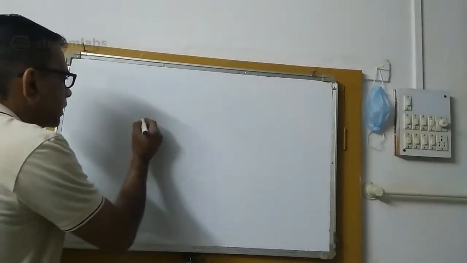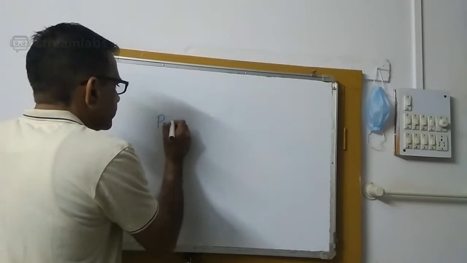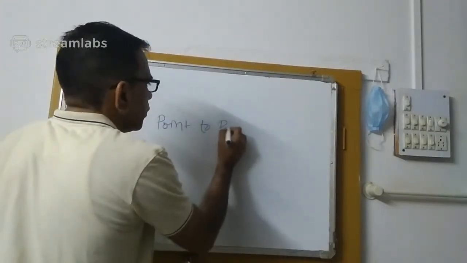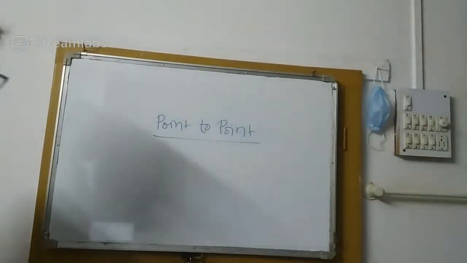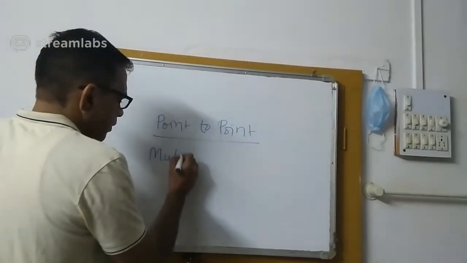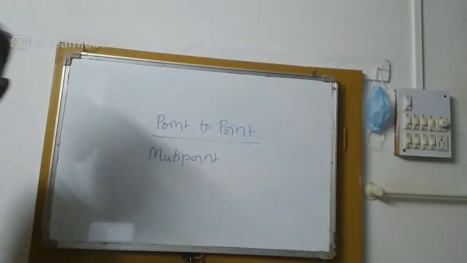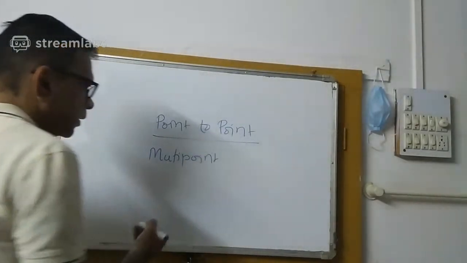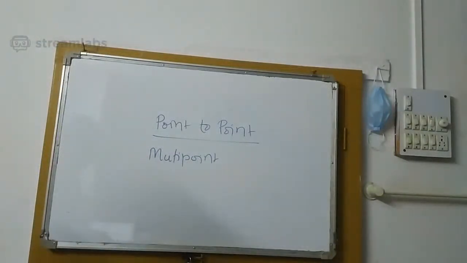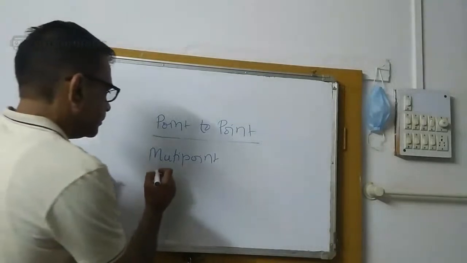In the physical structure we'll talk about different types of connection. The connections are of the type point to point, the second one is multi-point, or point to multi-point, and next is the broadcast type of connection.